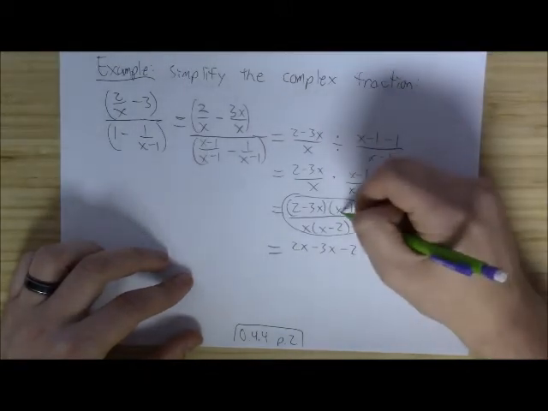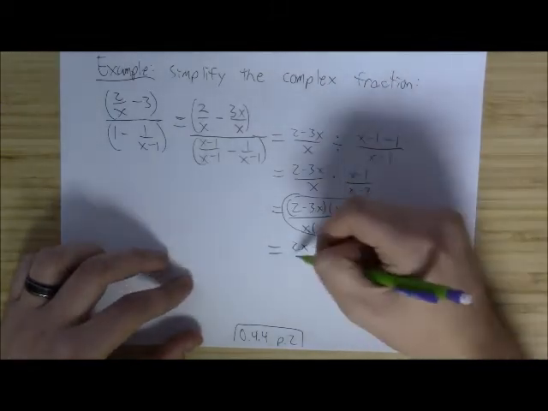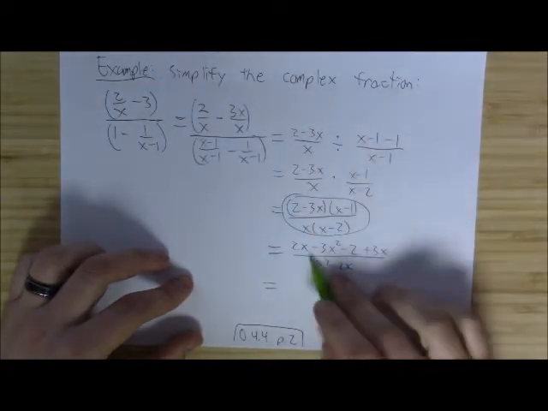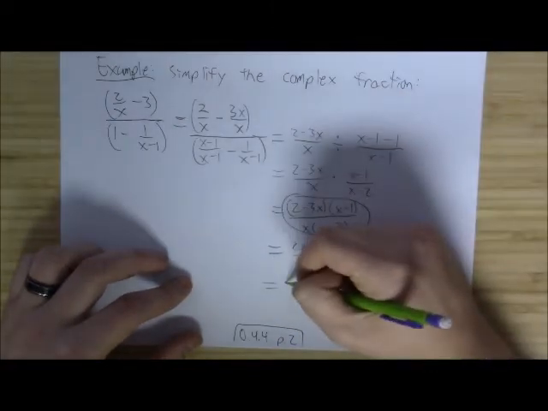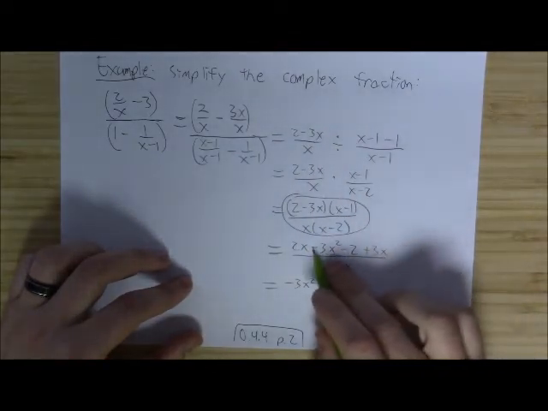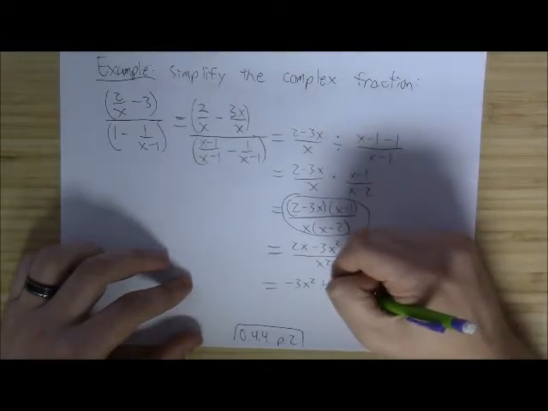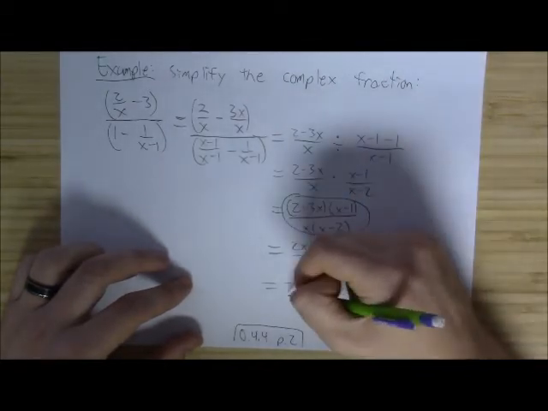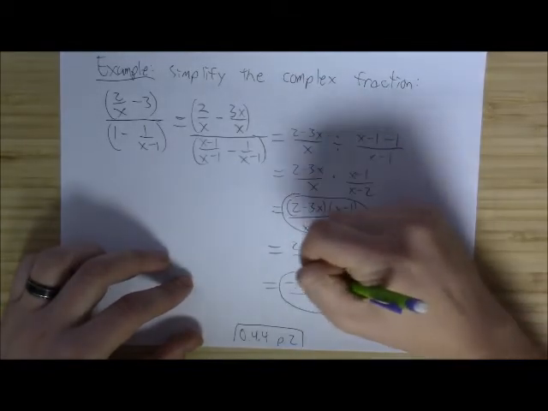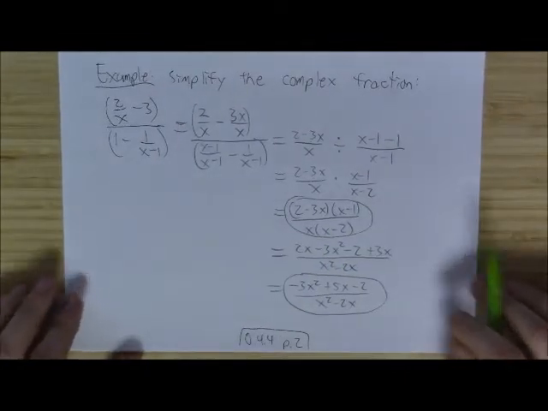Inner is 3x squared over x squared minus 2x, which, in other words, we have negative 3x squared plus 5x minus 2 over x squared minus 2x. So whichever you prefer. I think the book usually prefers this.